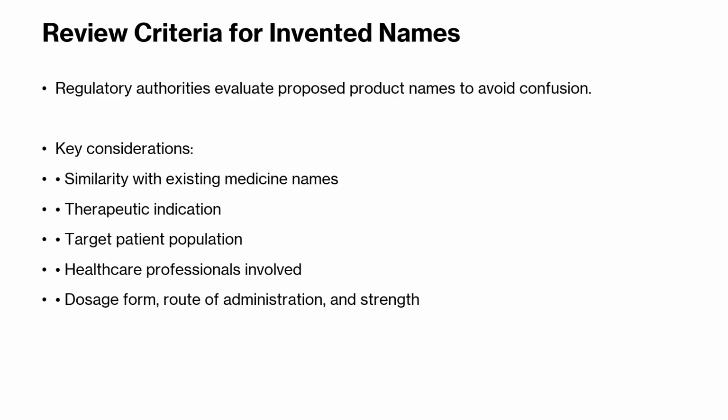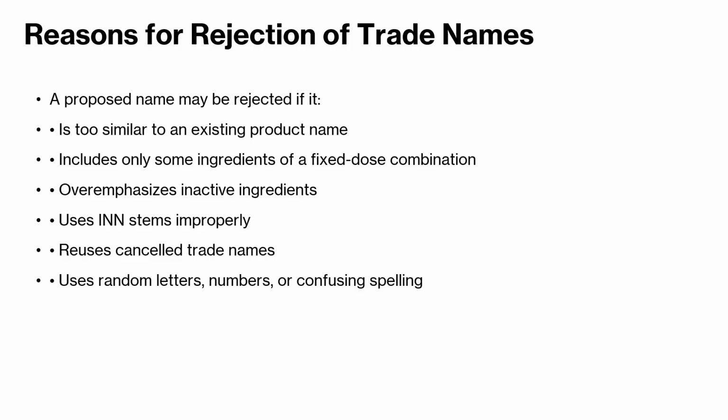reviewing the invented name. The proposed invented name may be rejected if it is too similar to the existing product name or it includes only some ingredients. Like if it is a fixed dose combination of three active substances, and our invented name includes only one or two APIs, in that case the proposed invented name can be rejected.